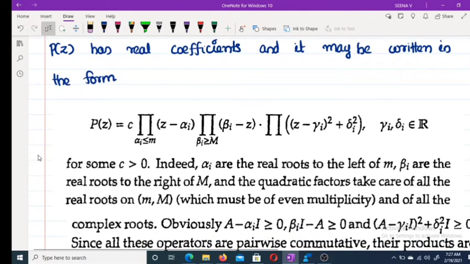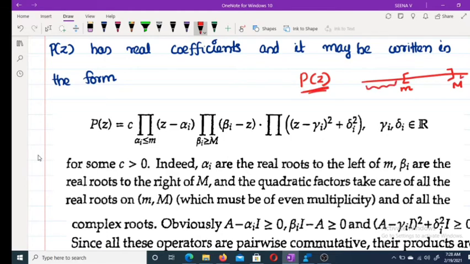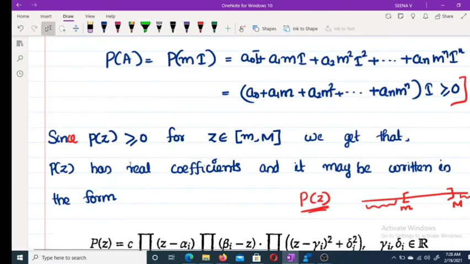Why? P of z is a polynomial, and it may have roots. So suppose this is our small letter m and this is our capital letter M. Roots of the polynomial may be here, may be here, and we can factorize this polynomial.